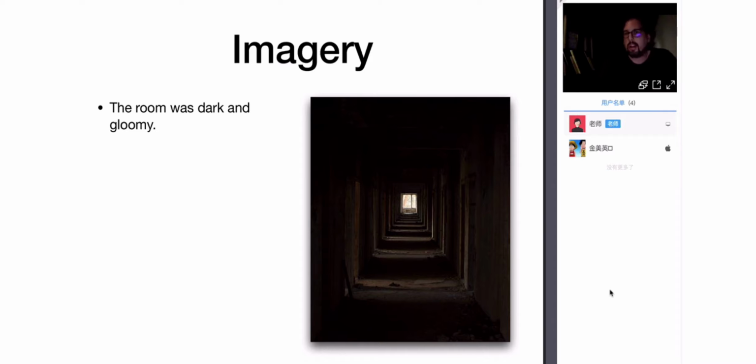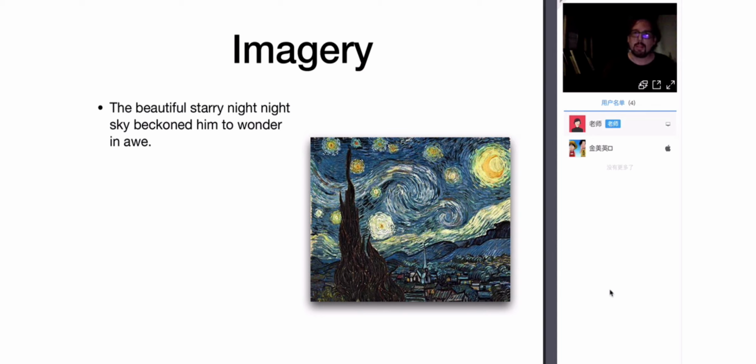The room was dark and gloomy. Dark and gloomy are the visual words. And these words have connotations too, emotional connotations. The beautiful starry night beckoned him to wonder in awe.